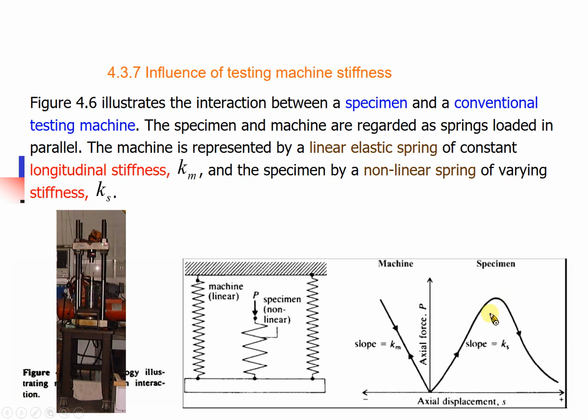It will fail suddenly. So you cannot get the complete stress strain curve. If you use a stiff machine, then you have the opportunity to get the complete stress strain curve.